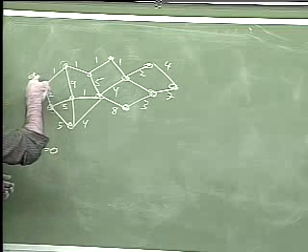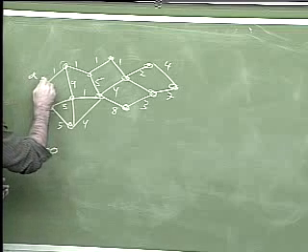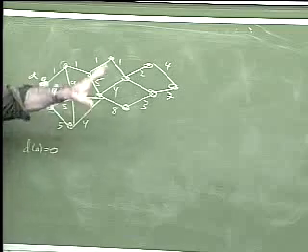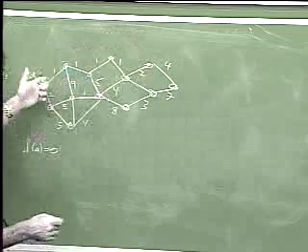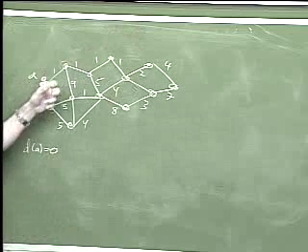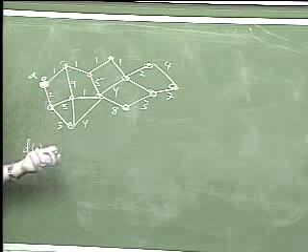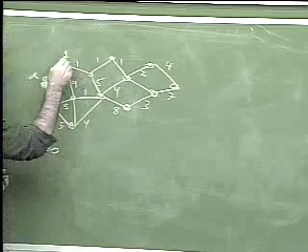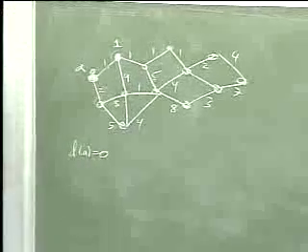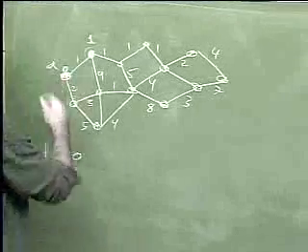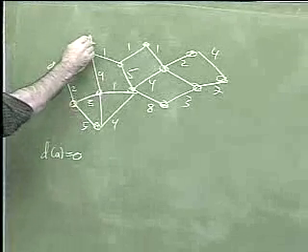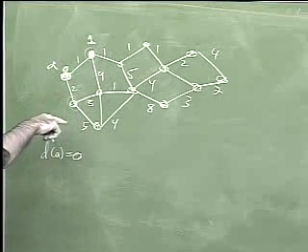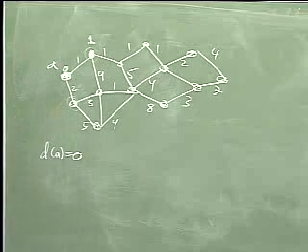In this case, A is distance 0, so I'll draw a little 0 on top of A. The delta of this node is going to be 0 plus 1, and the delta of this node is 0 plus 2. So I add this node next, and its distance is 1. The number I'm drawing above is that node's distance D. Now, what nodes are touching nodes in my set?